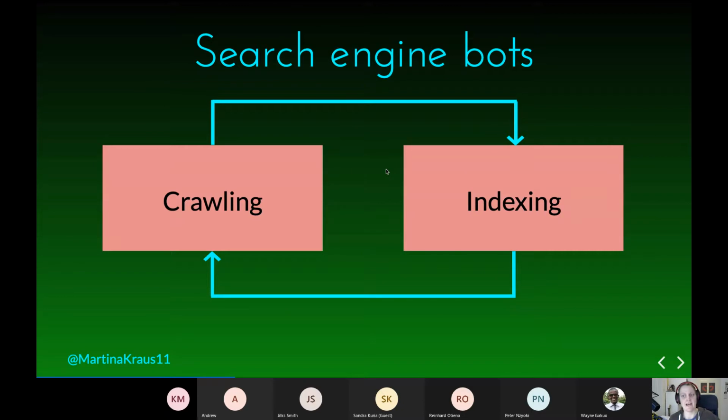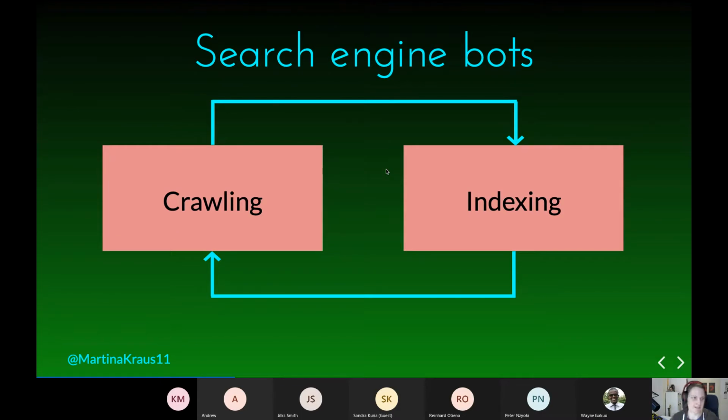It tries to find all these URLs and crawl them too, to be sure that every single URL inside your web app is discovered. So it's like iterating through all the URLs. After it has crawled all of them, it goes to an indexing phase. The indexing phase more or less means trying to find keywords to register them.